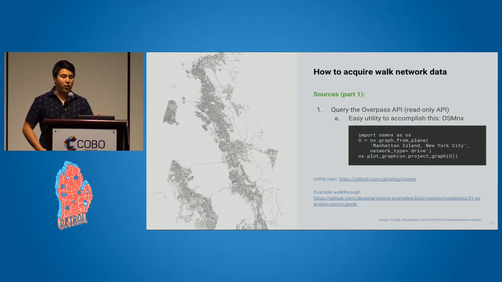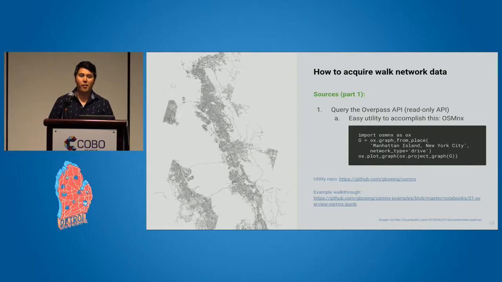But there's a utility called OSMnx, which is a Python library, and it actually obfuscates all of that. And you can literally type in, for example, Manhattan, Columbus, Ohio, and you can just ask for the type of network, drive, walk, and it'll actually generate and produce that and instantiate a graph for you. And that, as you can see, it's like one line.